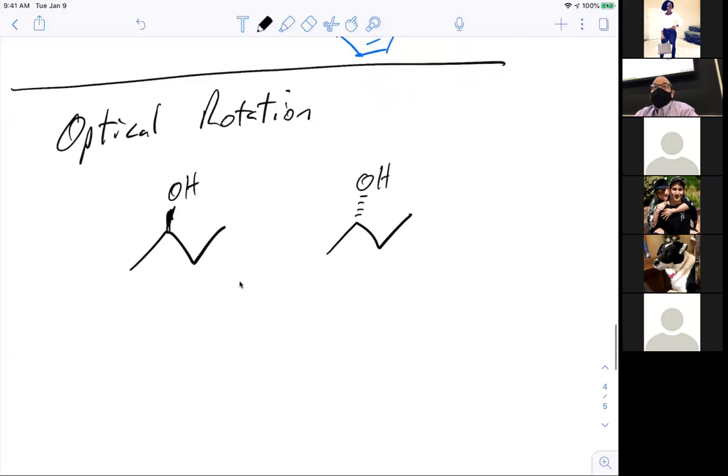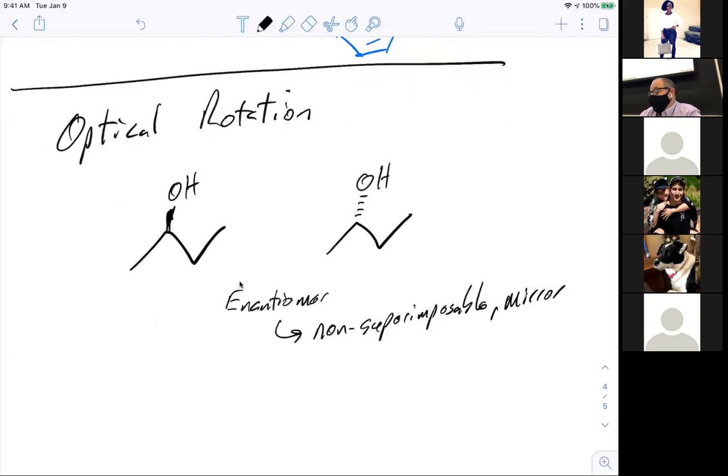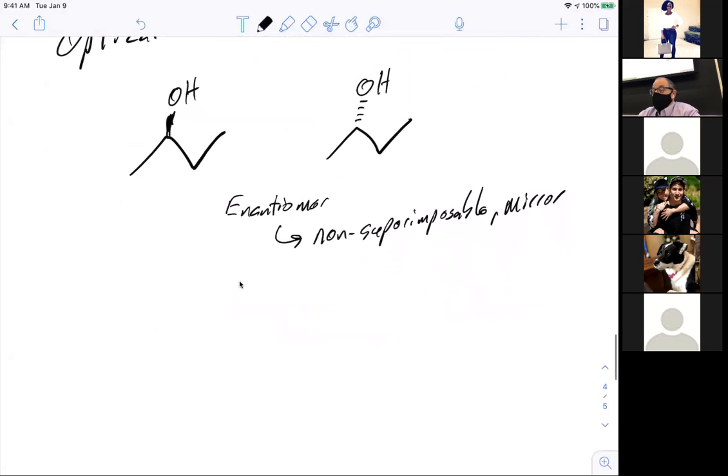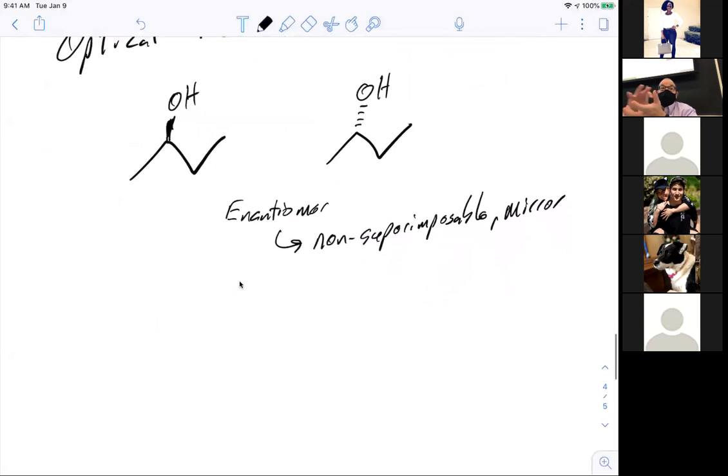So when we look at enantiomers, they are non-superimposable mirror images. If they were superimposable, they would be the same molecule, right?